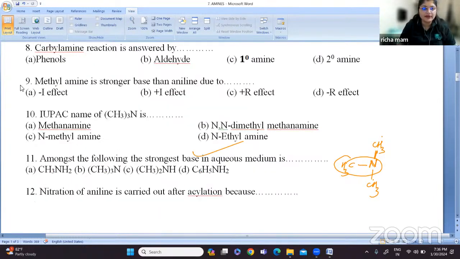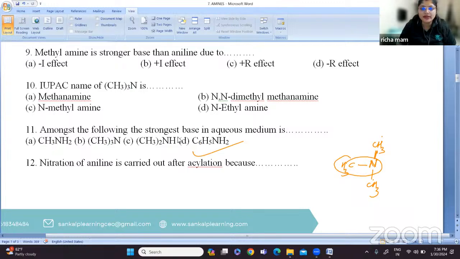Okay, moving forward, 11th question. Among the following, the strongest base in aqueous medium is. Which is the strongest base in the aqueous medium?